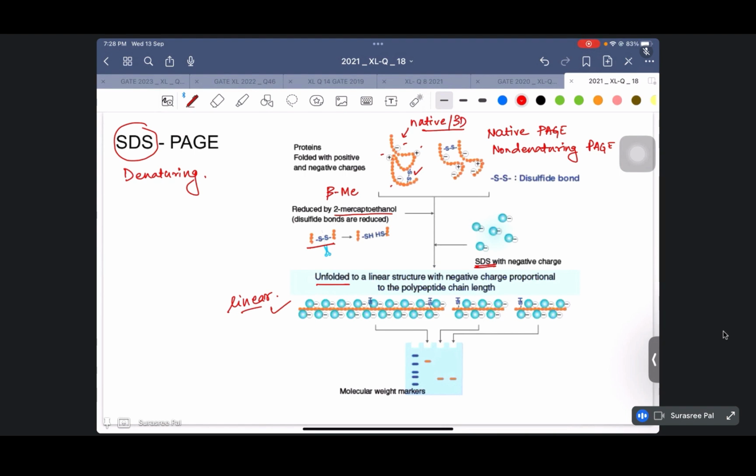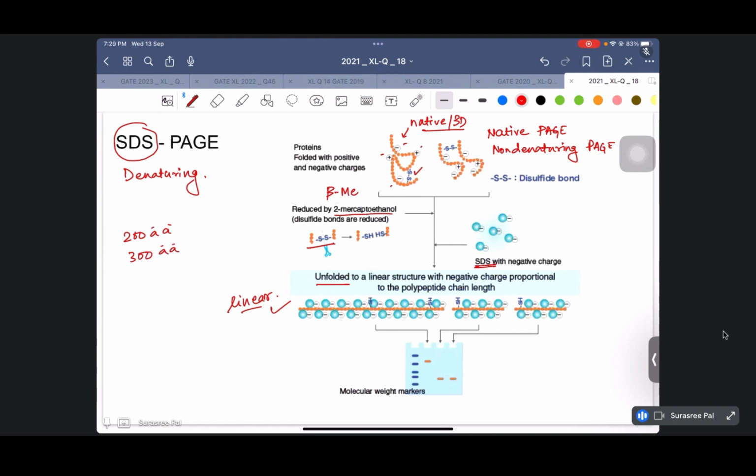The protein becomes linear, and SDS also imparts negative charge which is proportional to the polypeptide chain length. Which means that the protein which has a longer chain length is a larger protein. Suppose there are two proteins, one has 200 amino acids and another has 300 amino acids.